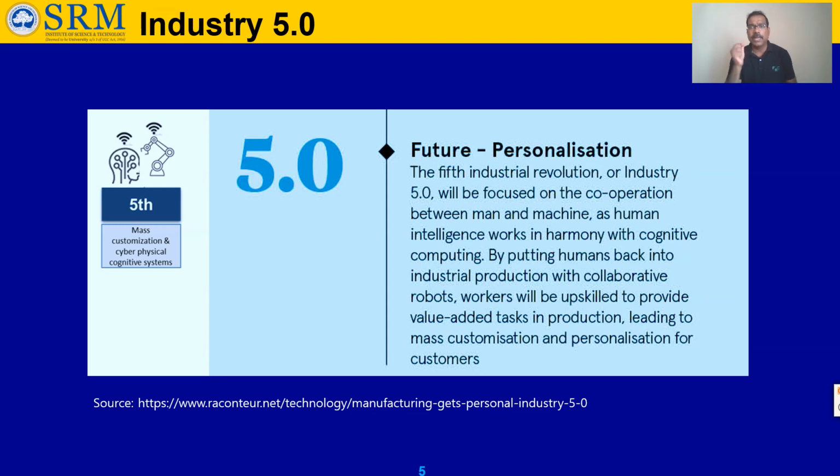For example, according to the anthropometric characteristics of my fingers, arm and hand, I want to design this particular mouse in a personalized way. That is how personalization is possible.